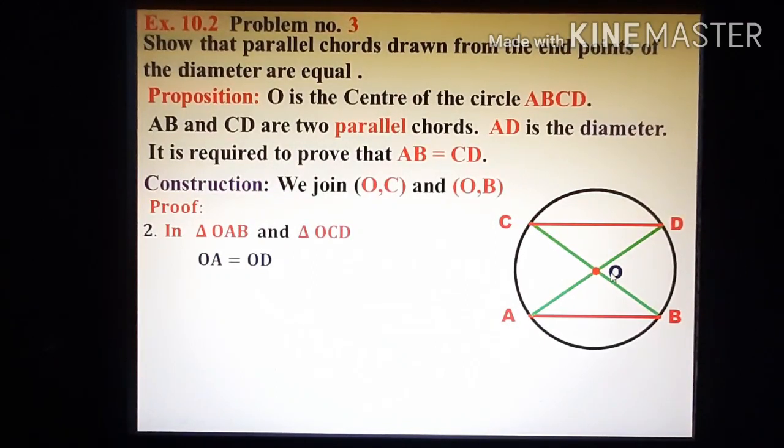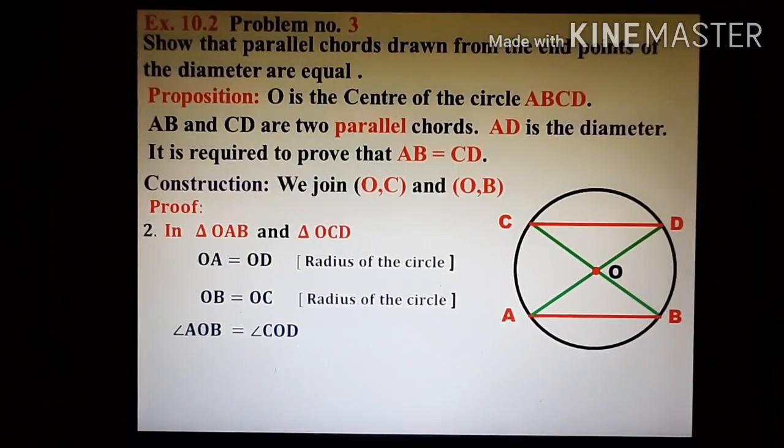You know why OA is equal to OD? Yes, OA is a radius and OD is also a radius of the same circle. And we can also write OB equal to OC. Why can we write this? Because OB and OC are also radii of the same circle.